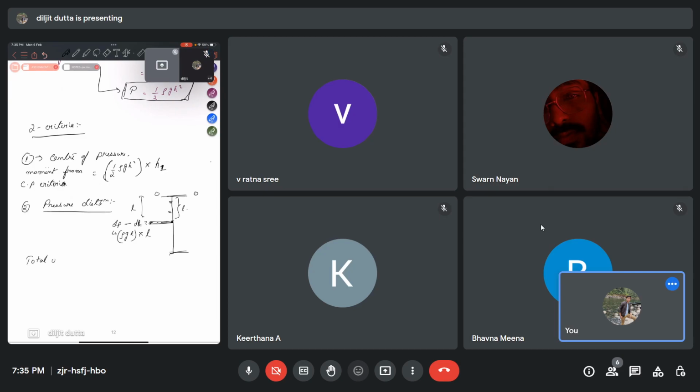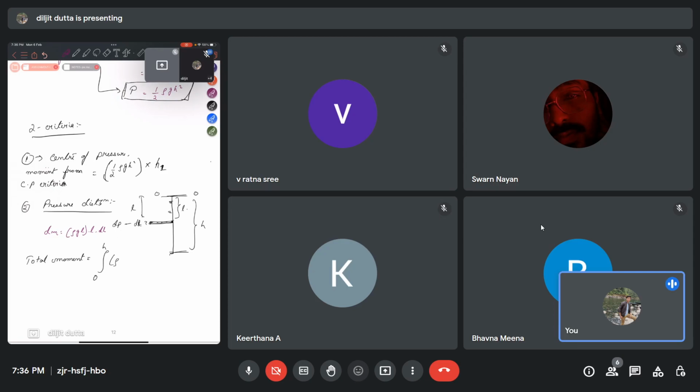So total moment will be equal to, we have to integrate from 0 to h. So this is not dp, this is dm equal to rho g L into L, and into dl. dl is the element width.